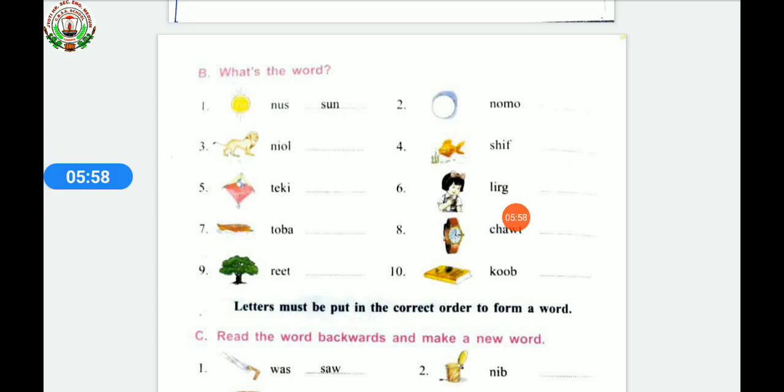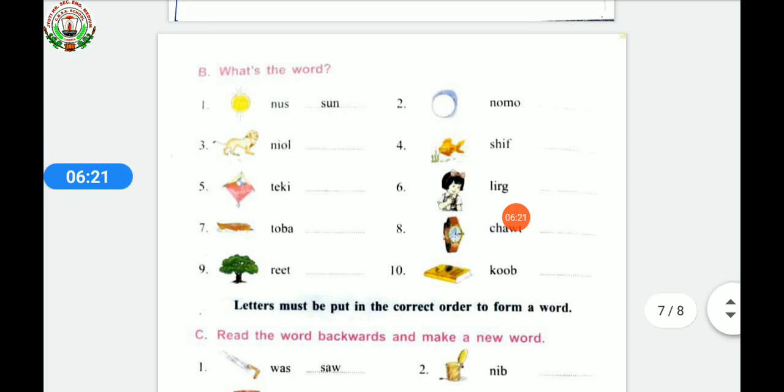It is not arranged properly. Like the spelling of sun is S-U-N, but what is written here? N-U-S. It is in jumbled form. So you have to arrange the letters in a correct form and write down the correct answer in the given blank here.